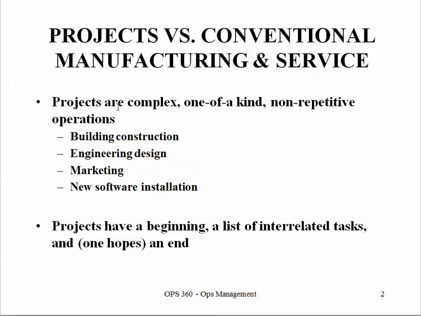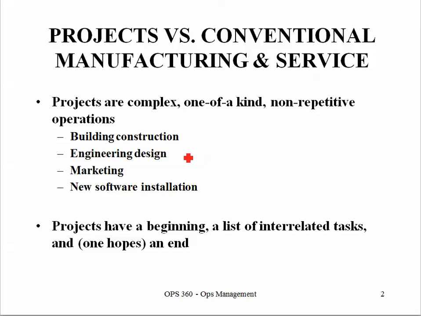So projects, I've got a nice one-liner here. They're complex, one-of-a-kind, and non-repetitive. So that distinguishes them from conventional manufacturing and service. In a conventional manufacturing operation, you're churning out airplanes or aluminum or steel or amplifiers or CRTs or whatever.